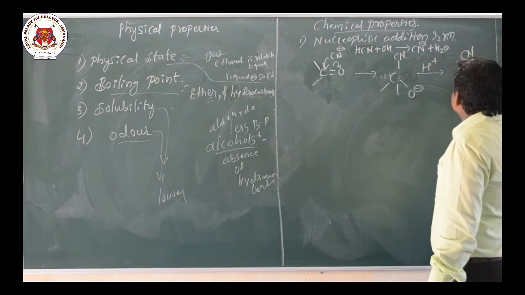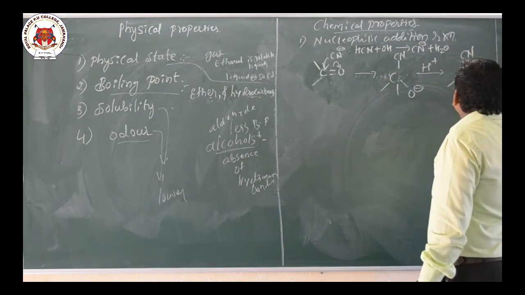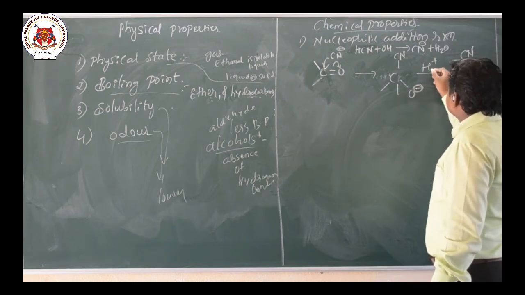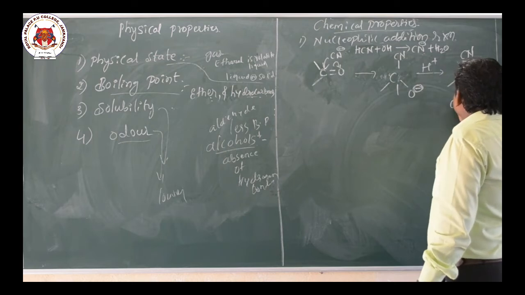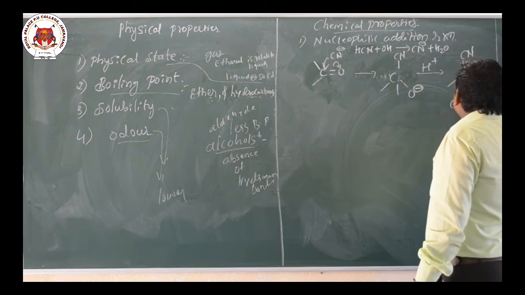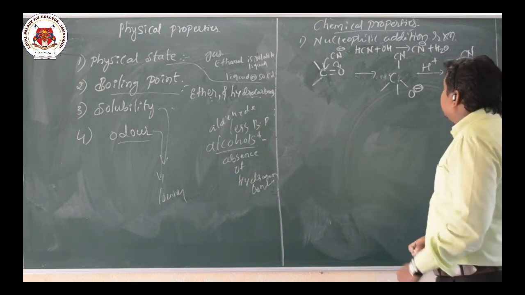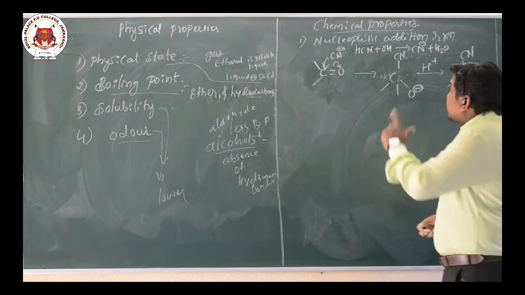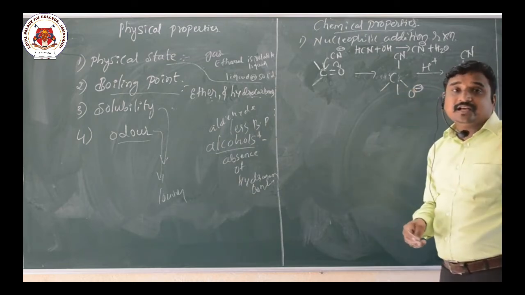CN as it is, and now this O minus will abstract this proton. So there is a formation of cyanohydrin. This is one example of the nucleophilic addition reaction: addition of hydrogen cyanide to a carbonyl compound.